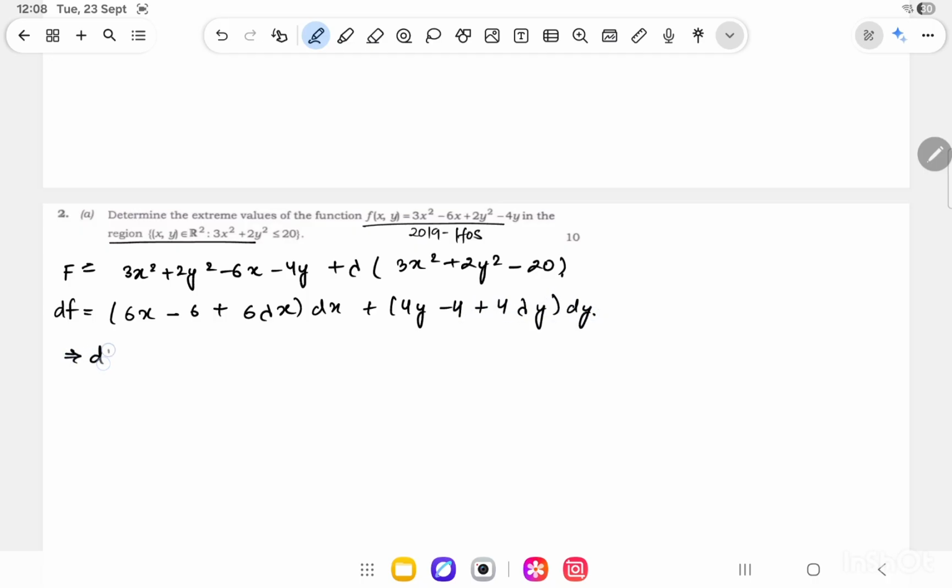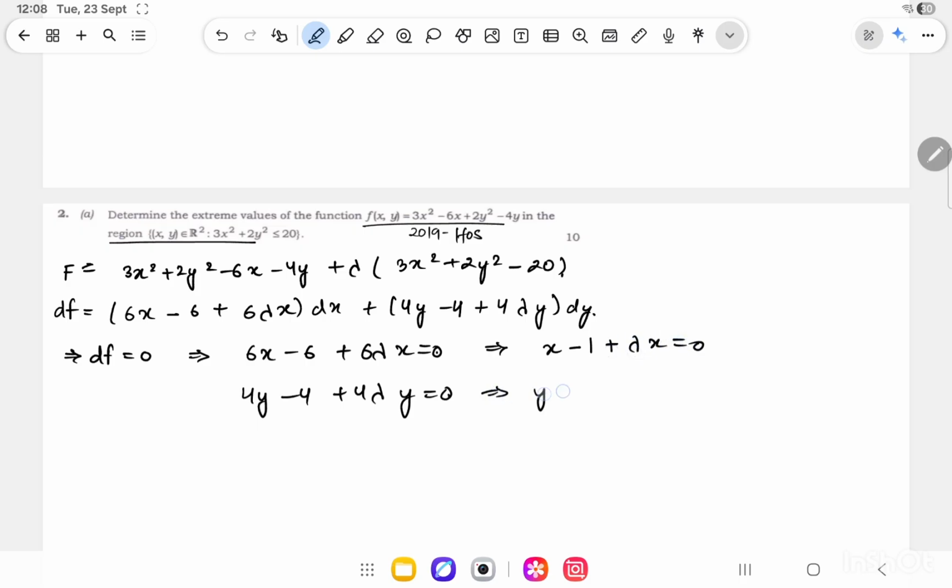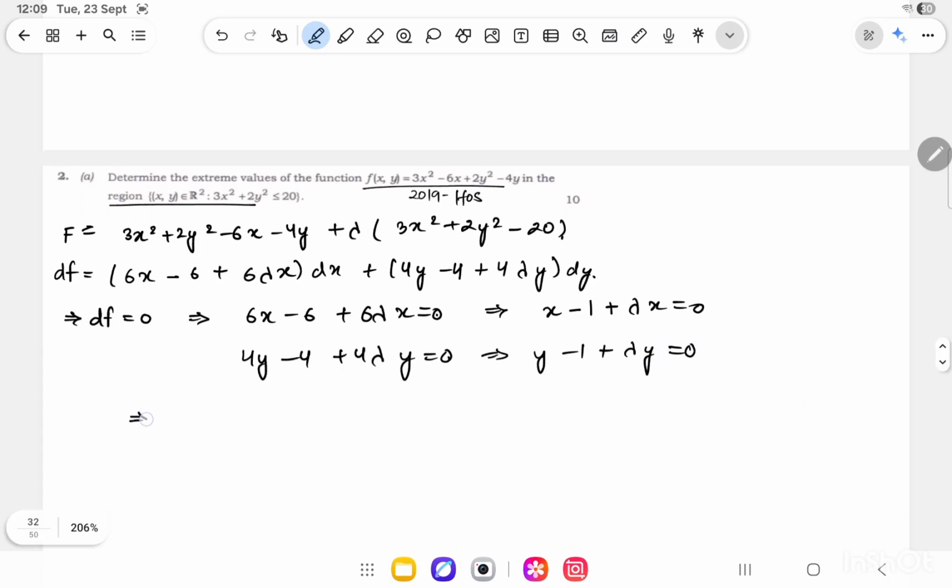From here, if I equate it with 0, I'll basically get 6x minus 6 plus 6 lambda x equals 0, and 4y minus 4 plus 4 lambda y equals 0. If I simplify these equations, I'll be left with x minus 1 plus lambda x equals 0, and y minus 1 plus lambda y equals 0. From here I can solve them for x and y, which will basically give me parametric values of x and y.